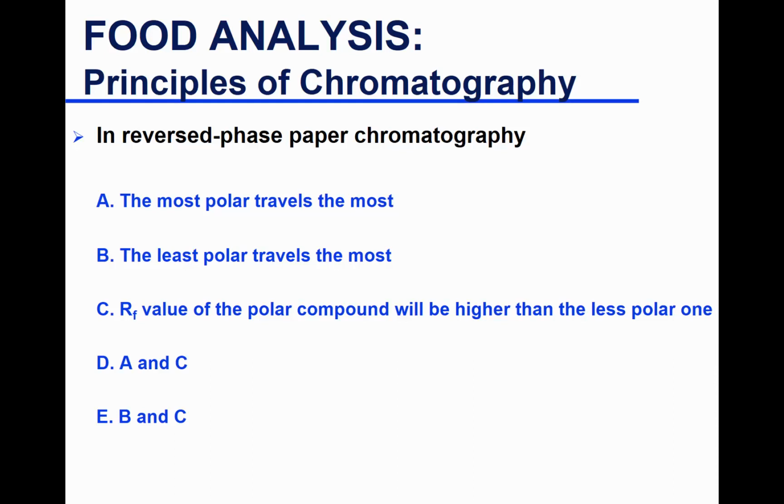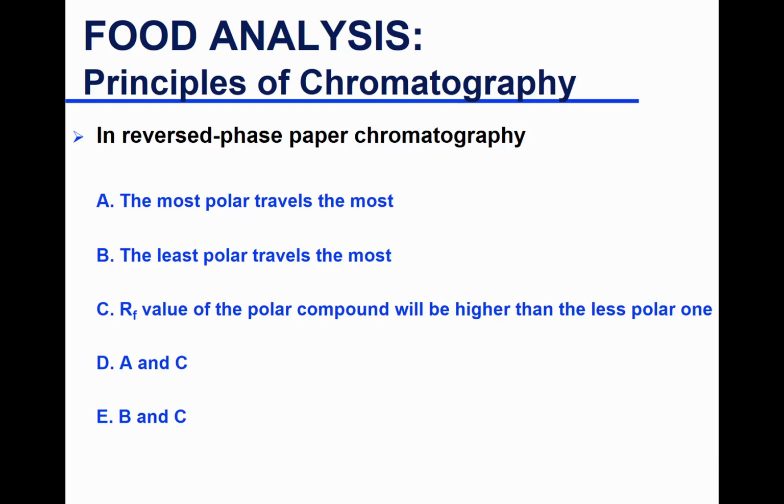The least polar travels the most. Oh, because in normal phase the stationary phase is polar. Yes, but if the stationary phase is non-polar, your least polar, that means the most non-polar, what will they do?